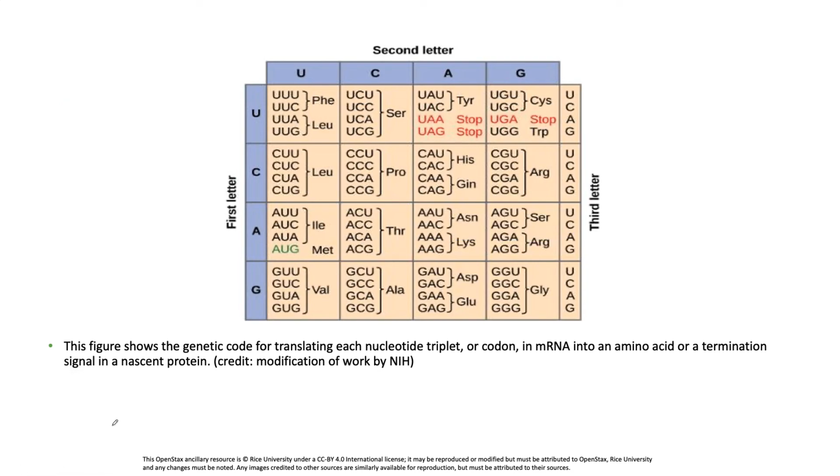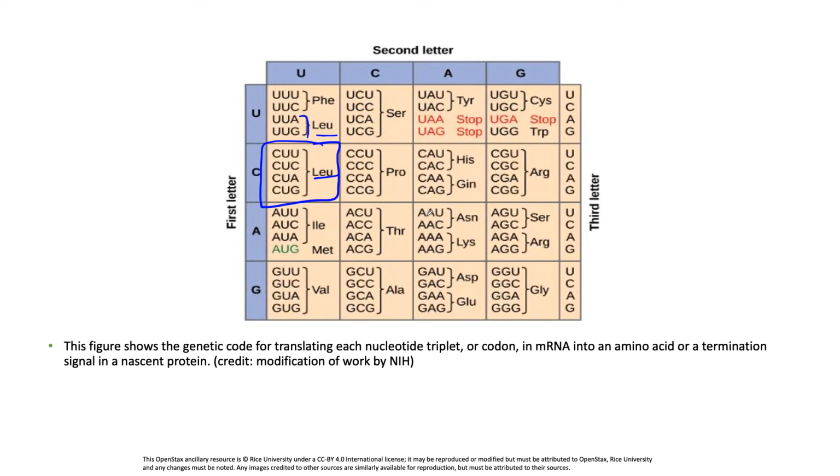So as you can see, there are 64 codons there, and there are some overlapping. So in other words, if we look at this box right here, all four of those are going to code for the same amino acid. There's two more that actually still code for that same amino acid.